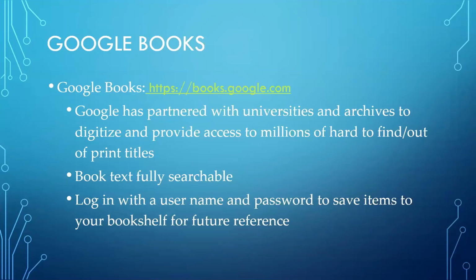If you have a Gmail account, you already have access to all of these different features. If you don't have a Gmail account, you can still sign up and get a Google account so that you can save your searches. So not only can you save your searches, you could save the books that you find, you can save images that you find, you can create photo albums and photos, you can save all different kinds of things.